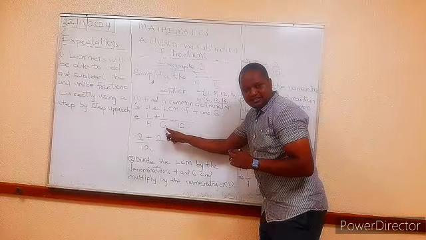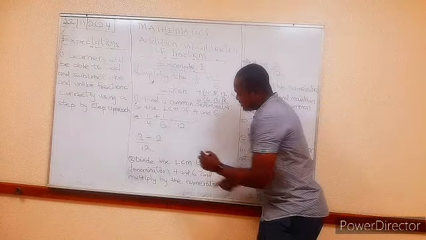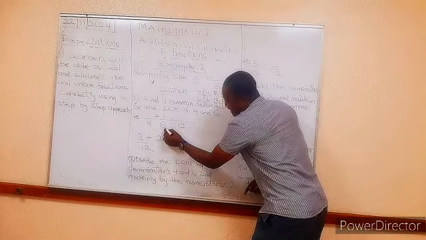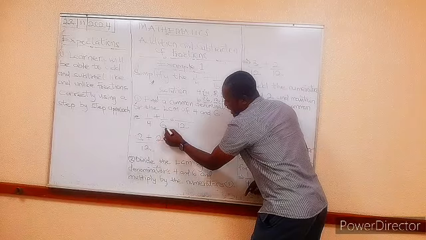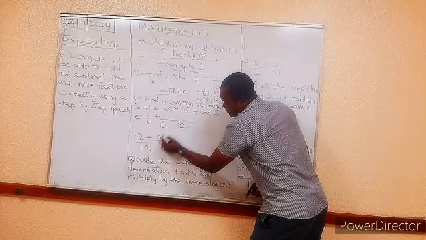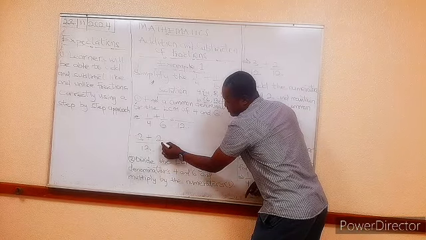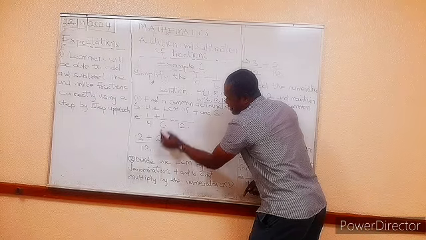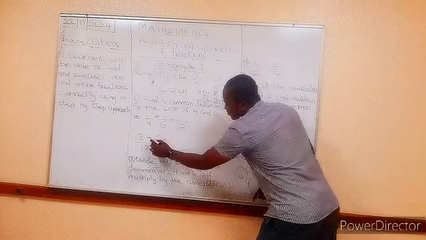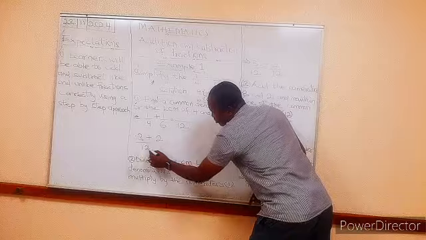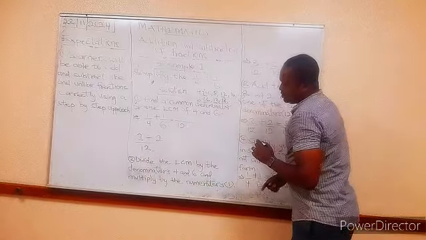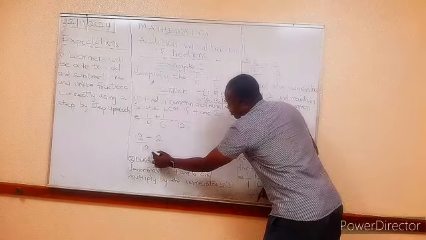Now, the next denominator here is 6. So the LCM will divide the denominator 6. So 12 divided by 6 is 2. 2 times 1, the numerator, is 2. So now we have 3 plus 2 all over 12.